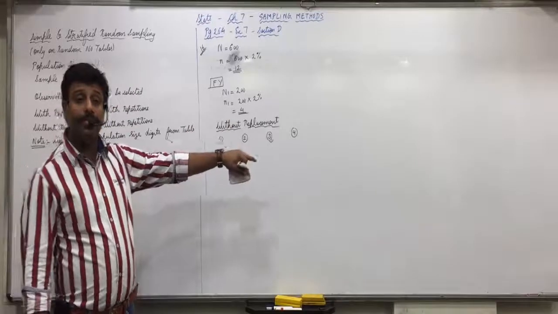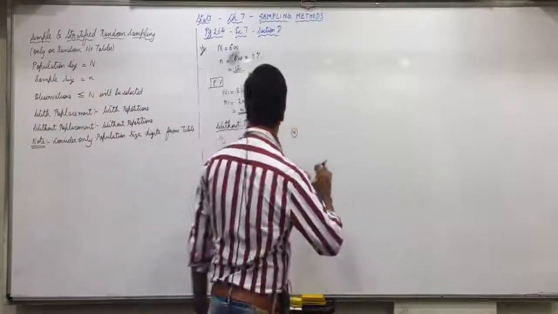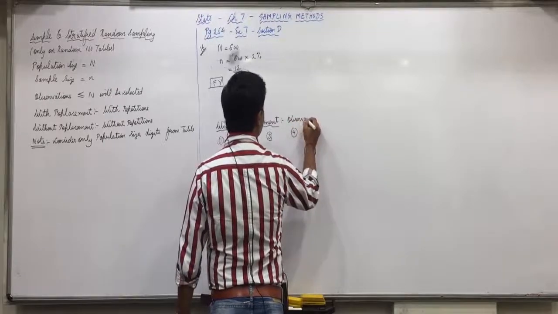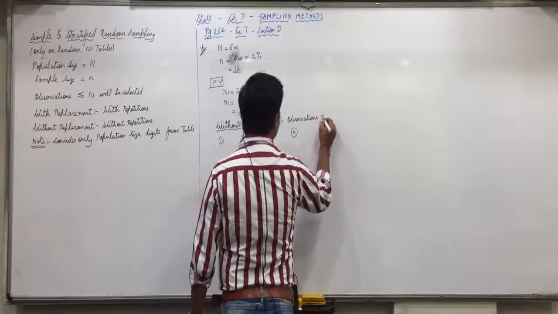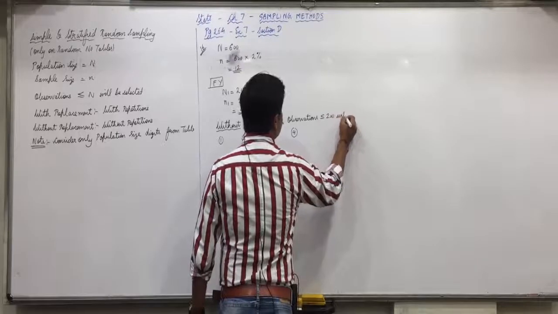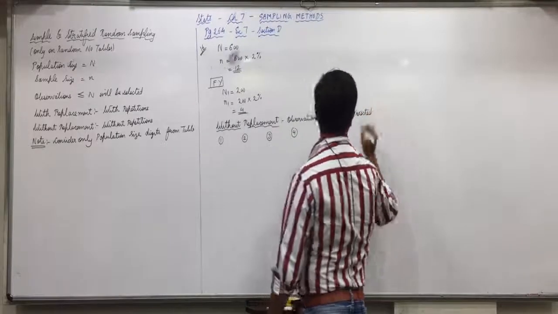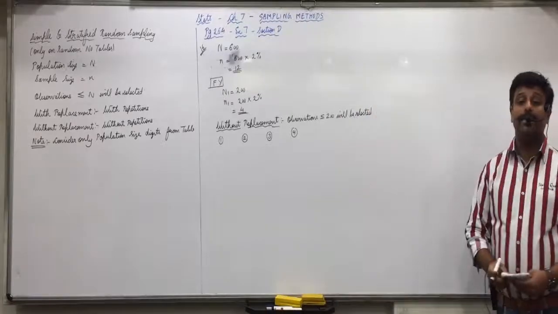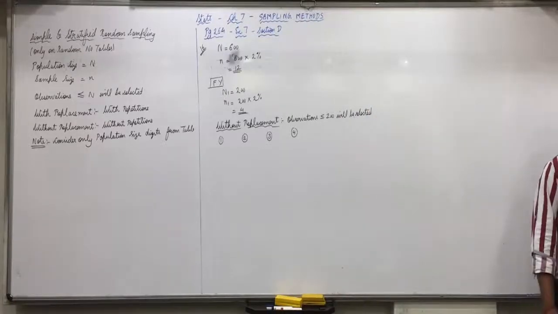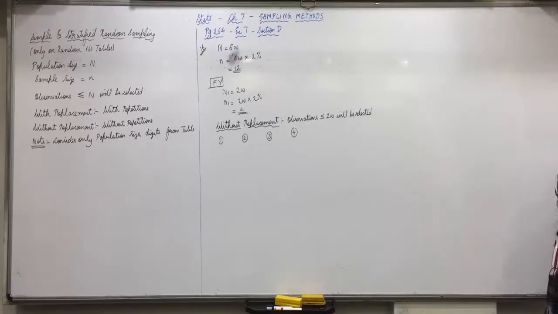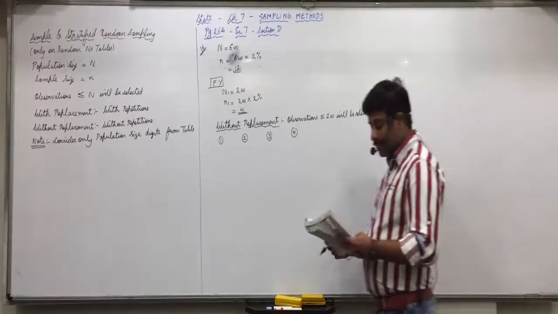Any doubt in this? And from FY, I'll take which numbers? Observations less than or equal to 200 will be selected. Any confusion in this? Raise your hand who is not clear. So, will we select 158?